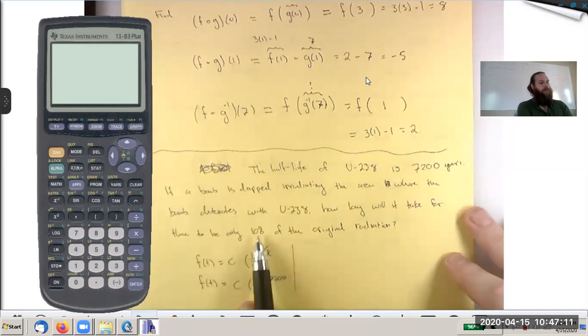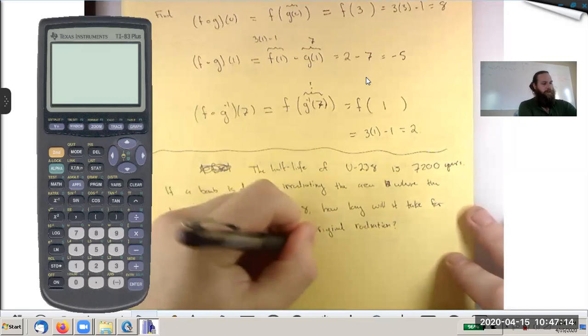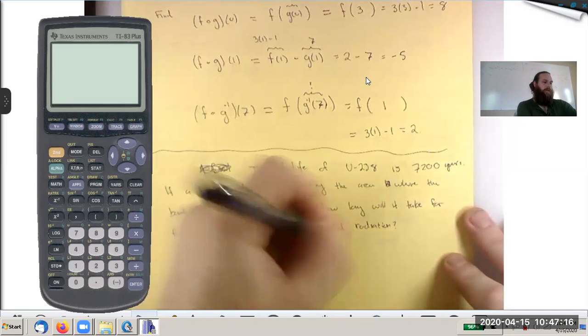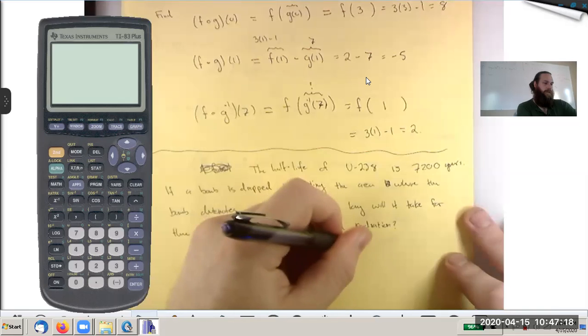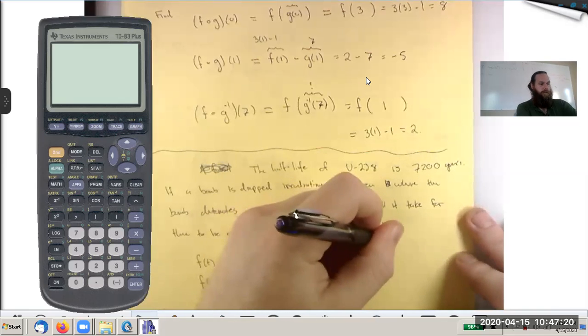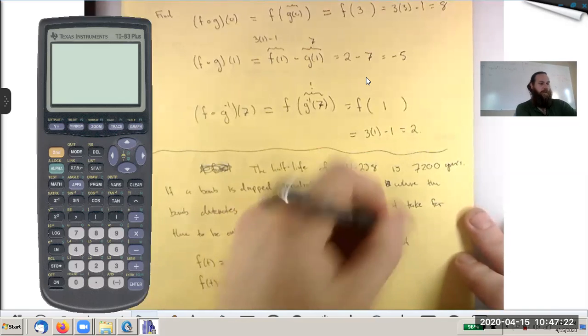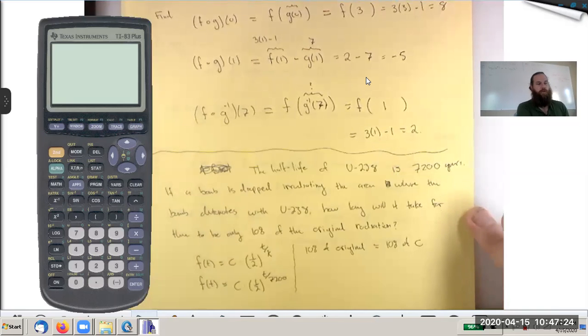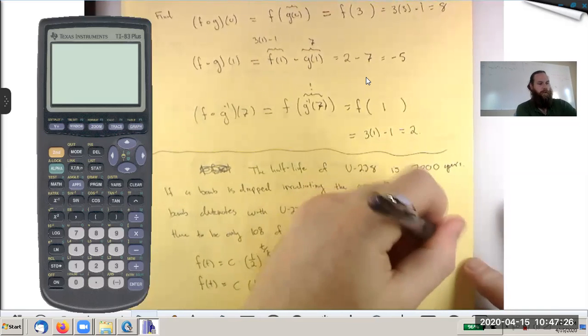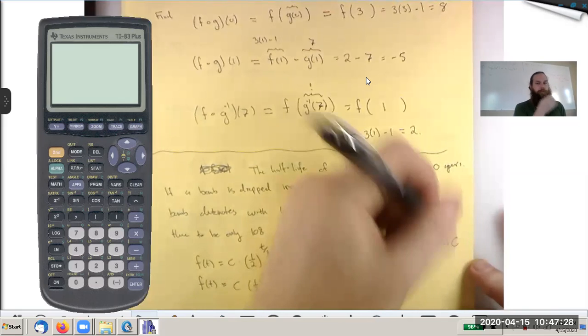And if I want to know when we will get to 10%, that's 10% of c, whatever c is, which is 0.1 times c.